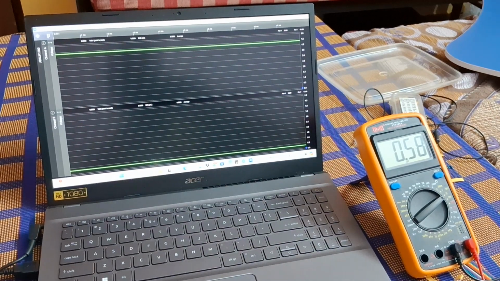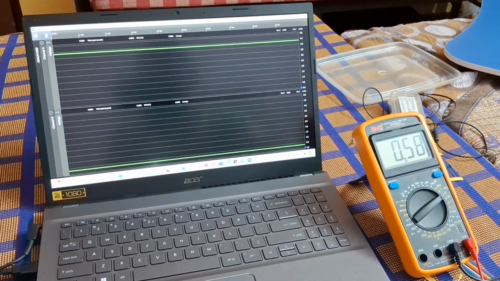So let us change the voltage and see. We are changing the voltage, and you can see the line is going downward.